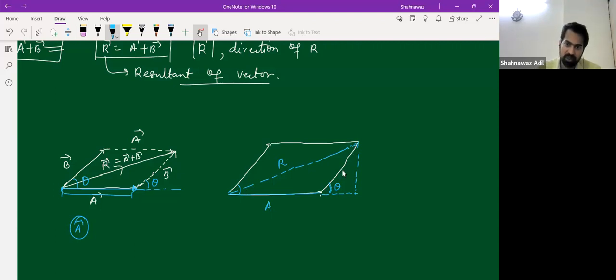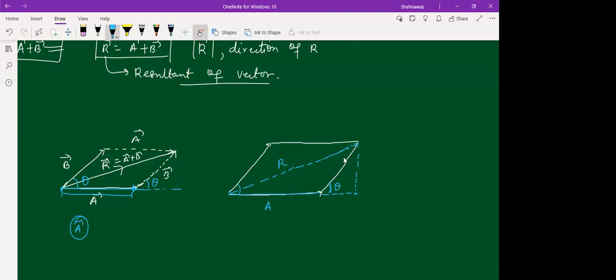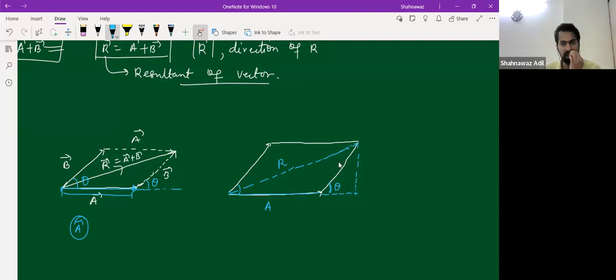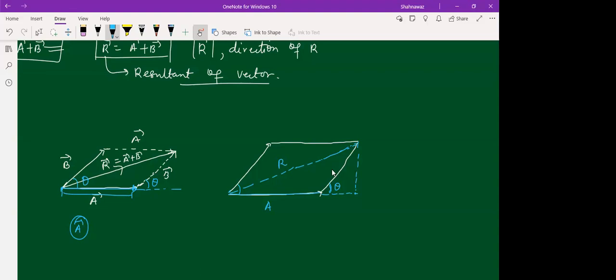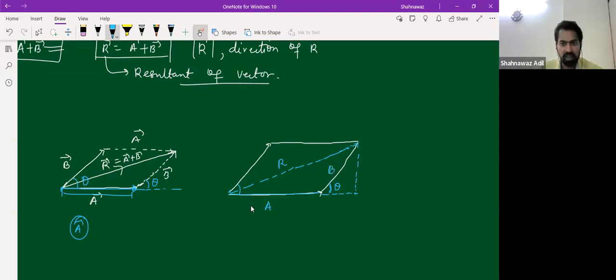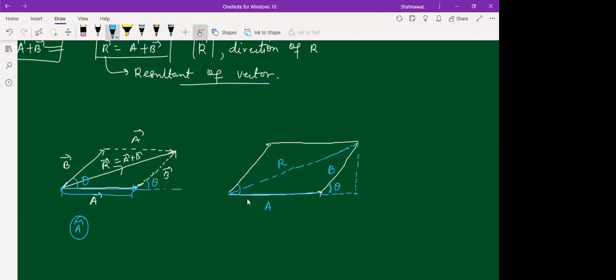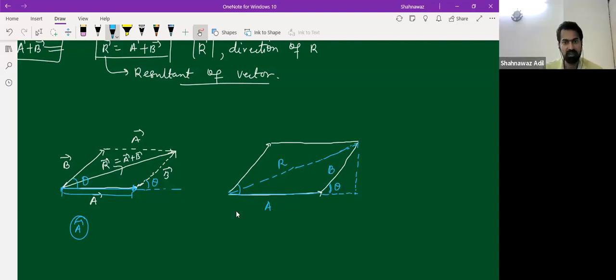I'm only asking about this length. It is B. We have to find the magnitude, so just forget about the vector part for the time being. So this is B, this is theta, this is A, and this is R.